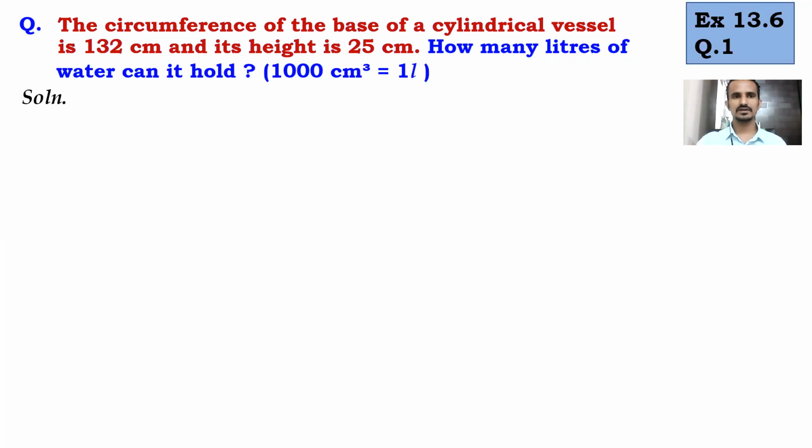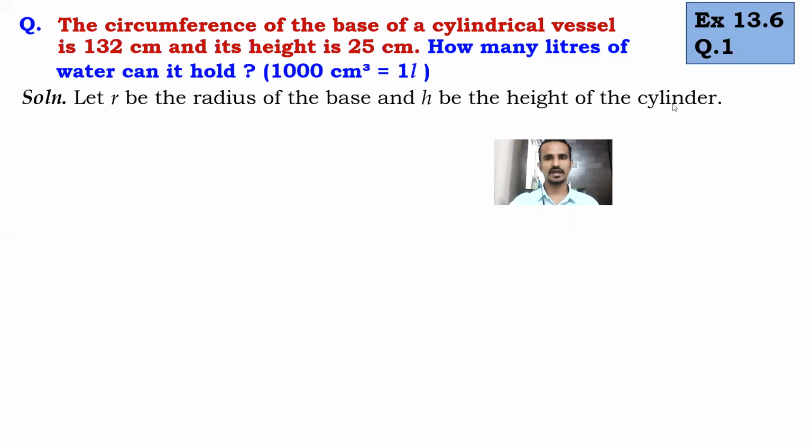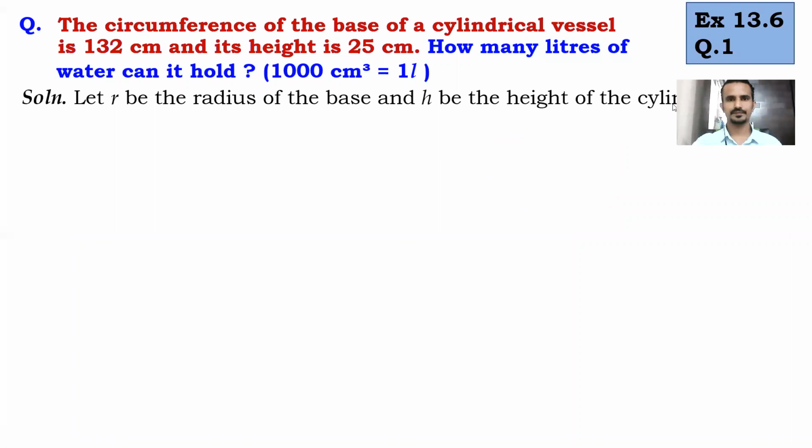We'll first assume that the radius is r and the height is h, then we will find r, and then we'll find out the volume. Let r be the radius of the base and h be the height of the cylinder.